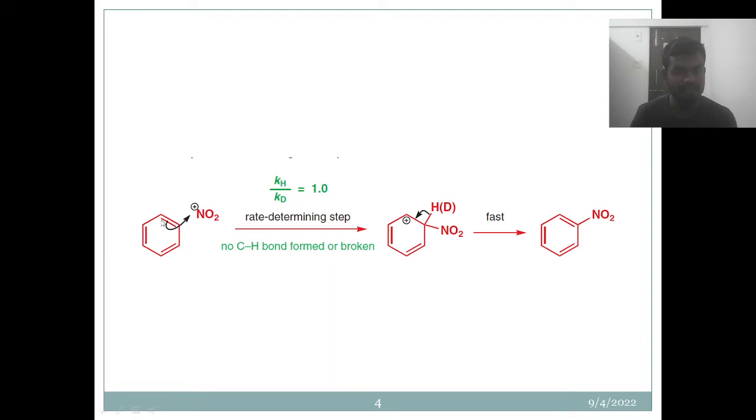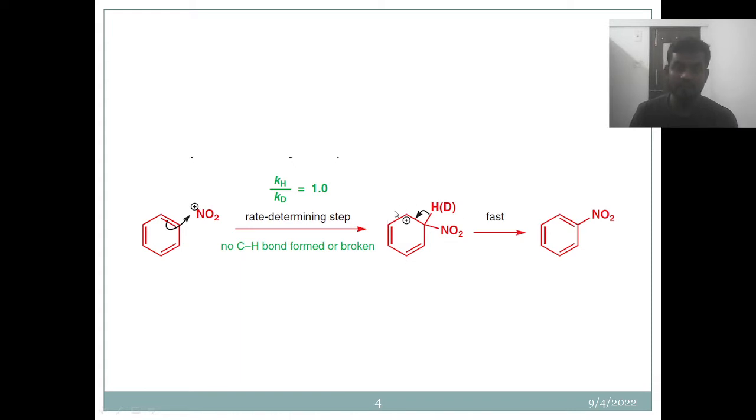So we can conclude that the pi electron first attacks NO2+, which is the rate determining step and doesn't involve any hydrogen or deuterium. In the second step this C-H or C-D bond breaks, which is very fast, and we get nitrated benzene.